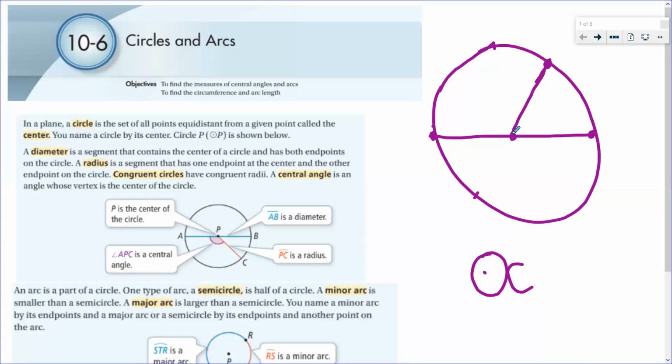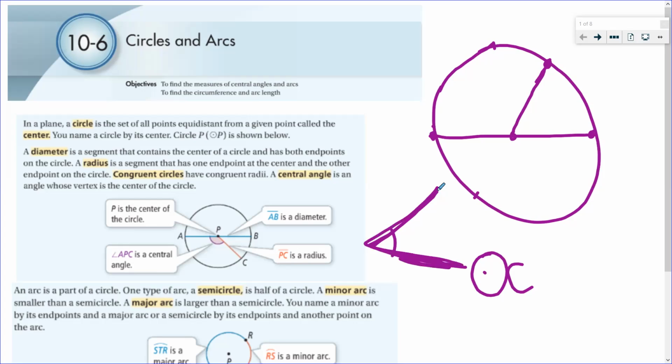Now, what else do you have to know? That is for the radius and diameter. Now, the central angle. All of us know that an angle is included between two lines.